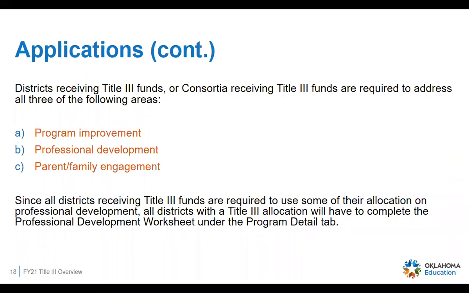You have to address program improvement, professional development, and parent-family engagement. Another thing that means is that since all districts receiving Title III funds are required to use some of their allocation on professional development, all districts with a Title III allocation have to complete the professional development worksheet under the Program Detail tab.